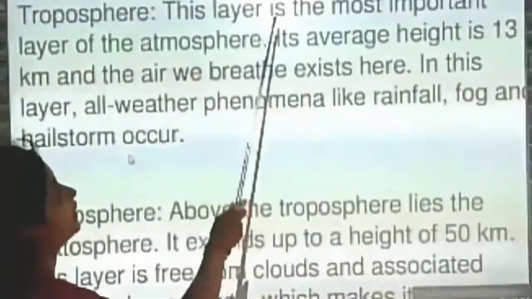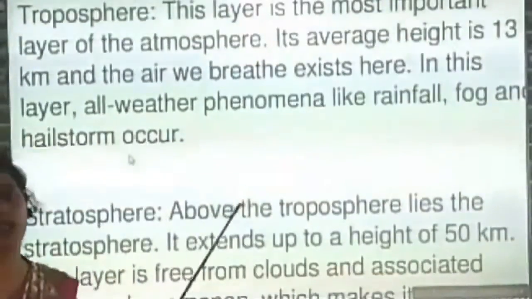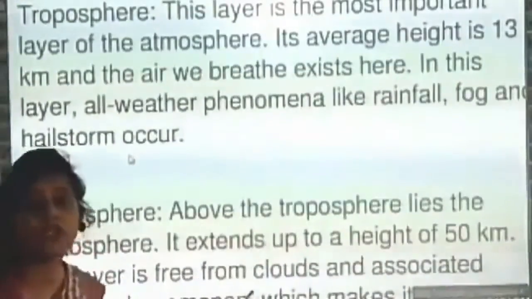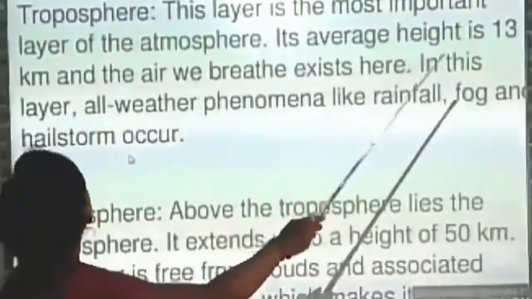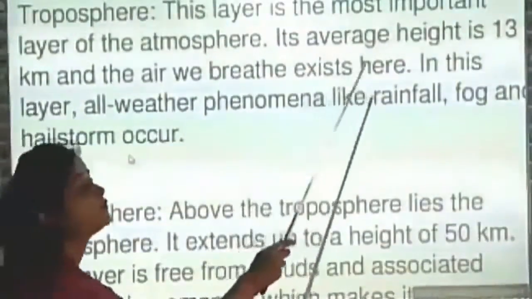Our first layer is troposphere. This is the most important layer of the atmosphere. The average height of the troposphere is 13 kilometers, and the air we breathe exists here.